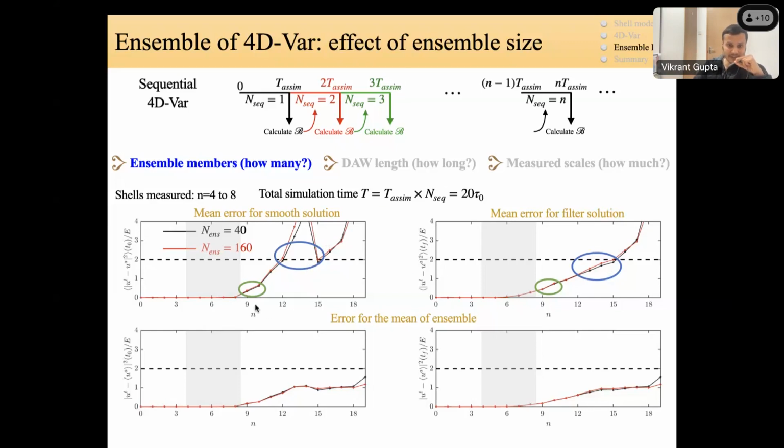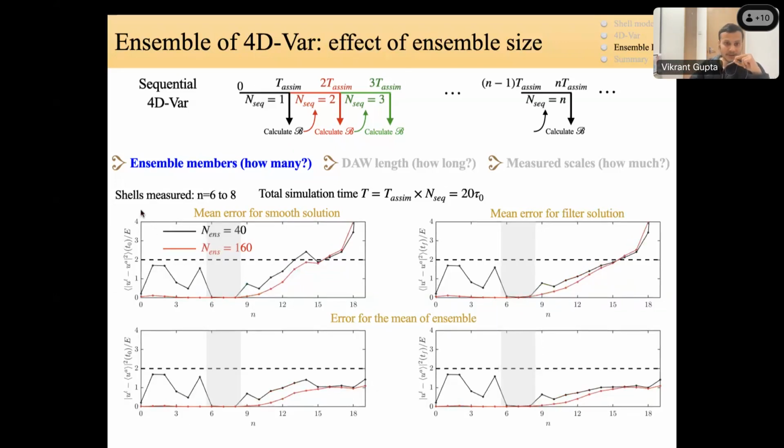And very interestingly, when we perform this 4D-VAR in ensemble, we can actually estimate all the slower time scales very well because we are using very long information now. We are able to use very long information without having to increase the assimilation window of each 4D-VAR.